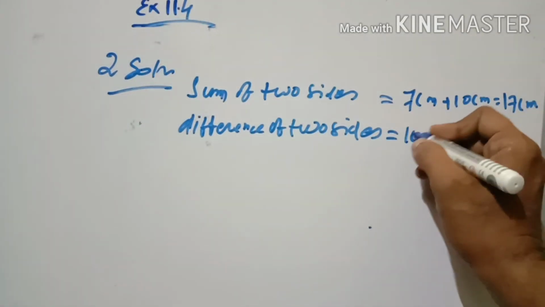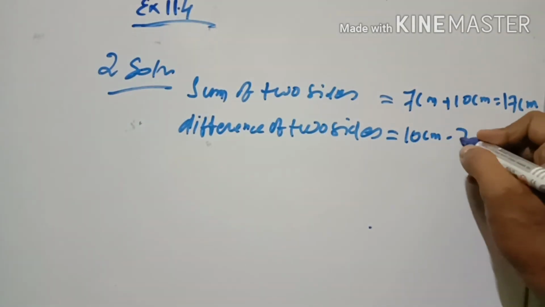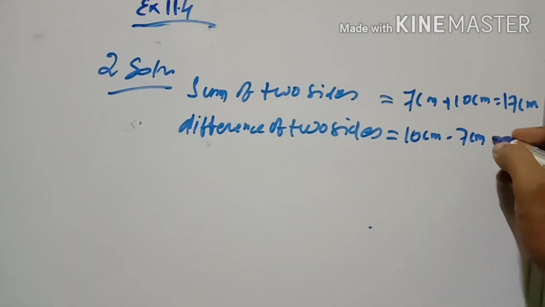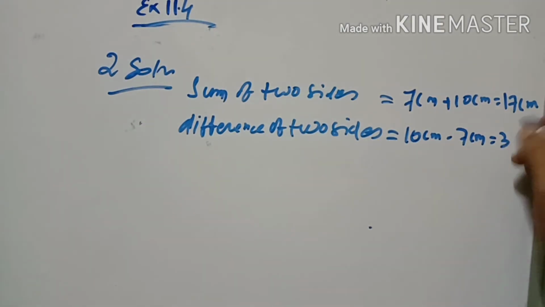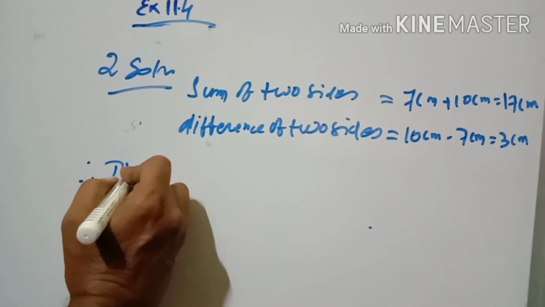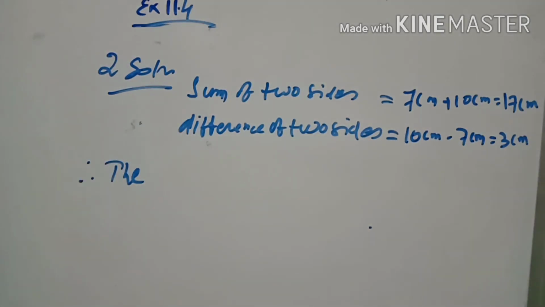And difference: 10 centimeter minus 7 centimeter equal to 3 centimeter. Now here we can observe the difference is 3 and sum is 17.